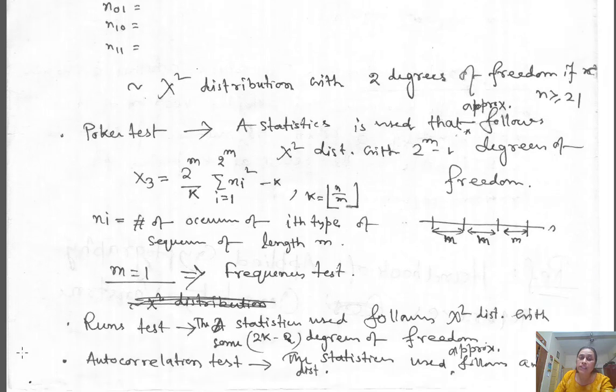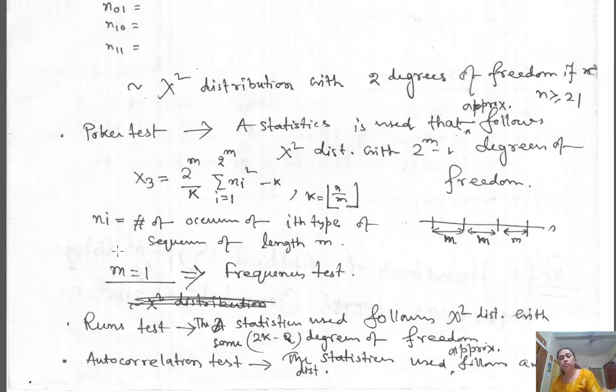For the runs test also, a statistic is used that follows chi-square distribution with twice m minus 2 degrees of freedom. The autocorrelation test uses a statistic that approximately follows the normal 0,1 distribution.